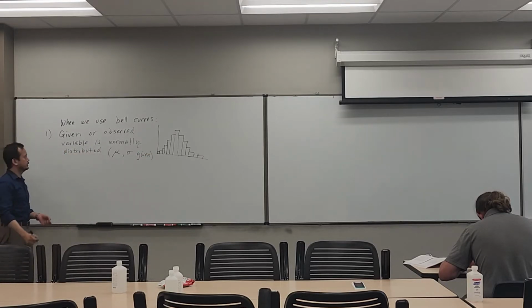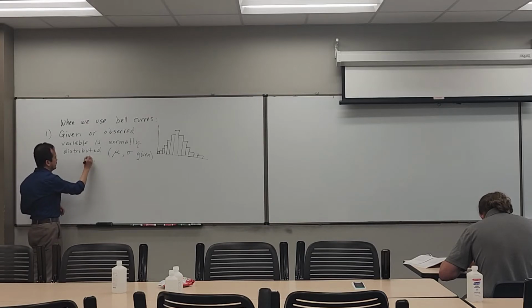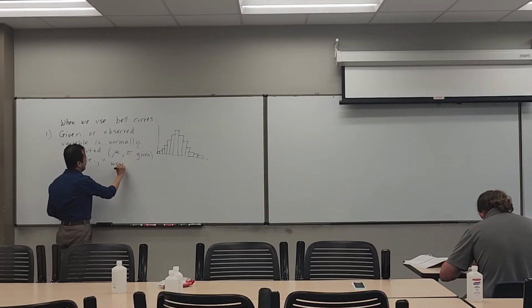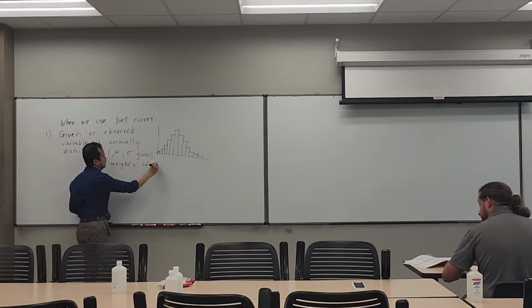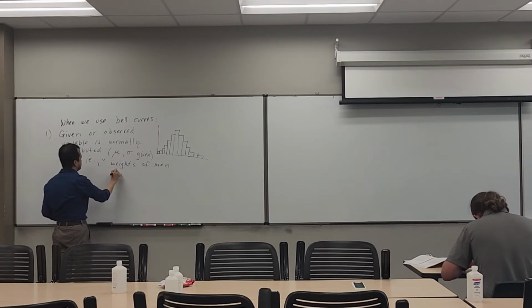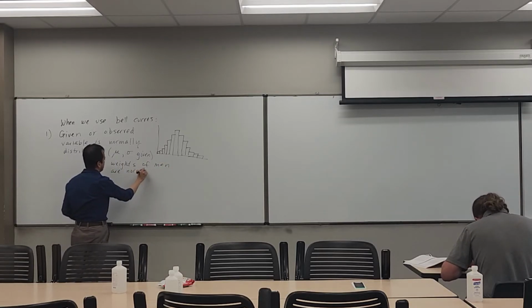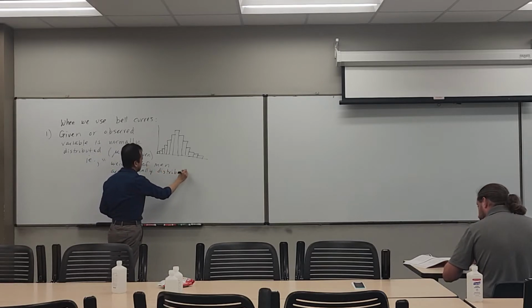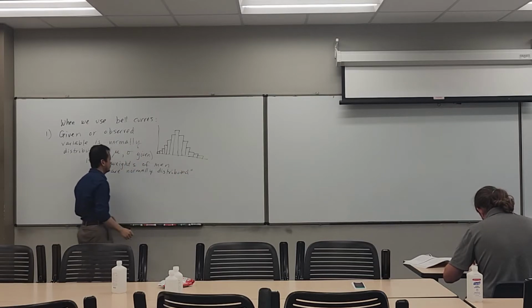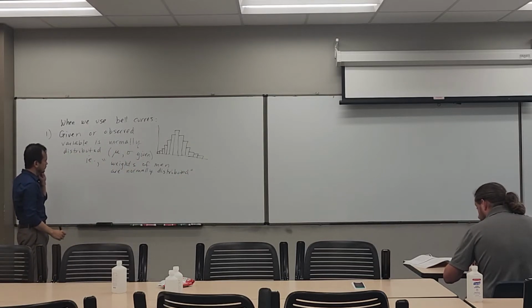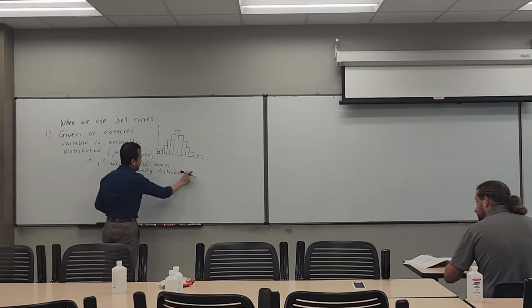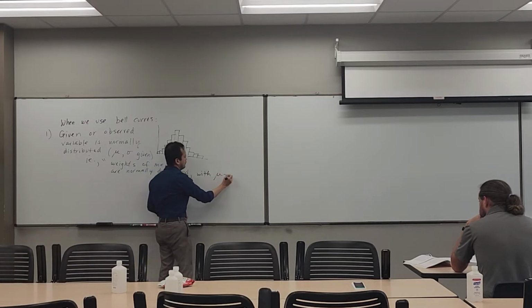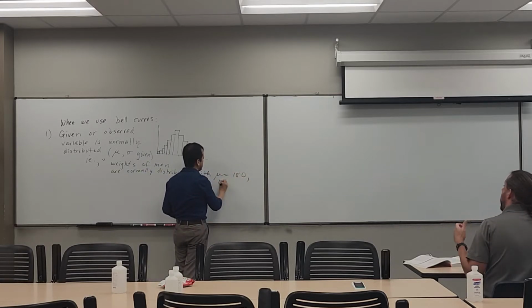An example of that situation: you're told that weights of men are normally distributed, with mean equals 180 and standard deviation 20 pounds.